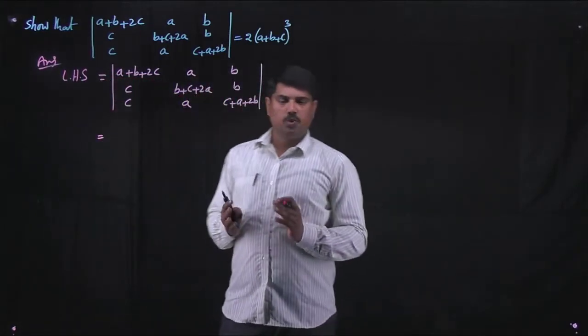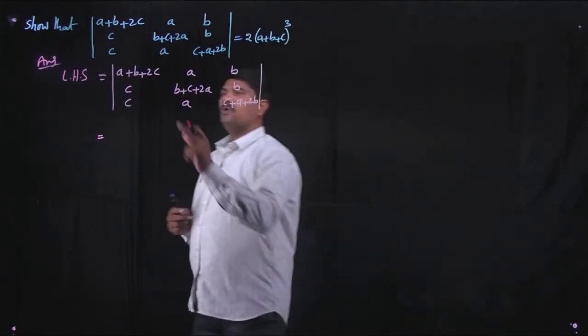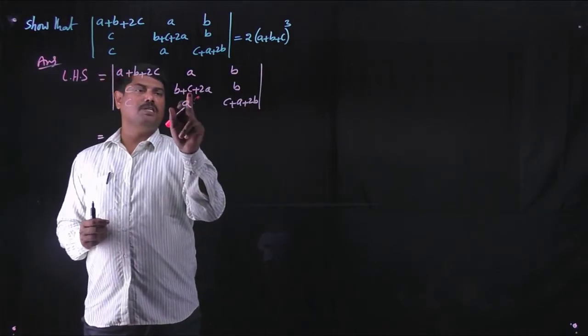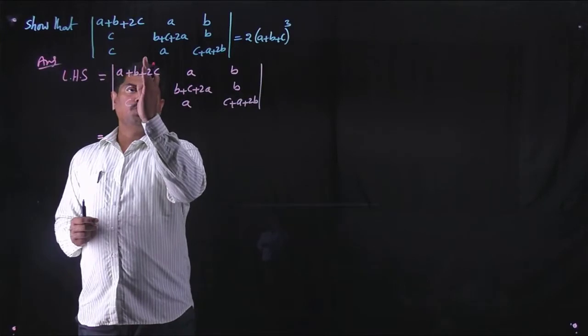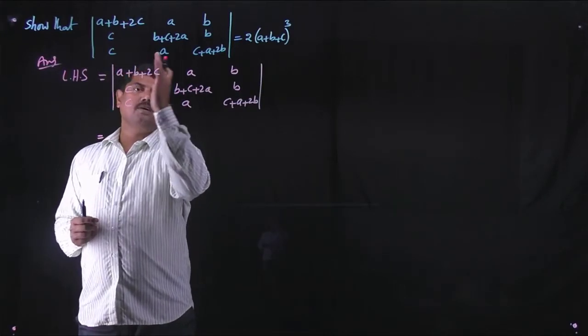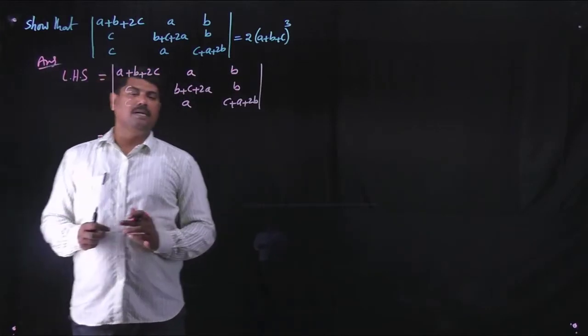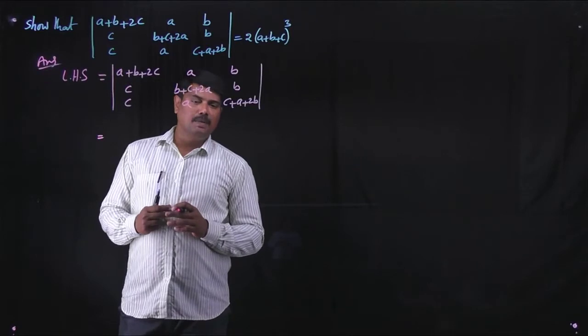So 2a plus 2b plus 2c, separating 2, you will get a plus b plus c. In the same way you will get that result here also: c plus c is 2c, b plus b is 2b. So you have to add the elements of the second column and third column to the first column elements, so that you will get the factor a plus b plus c.